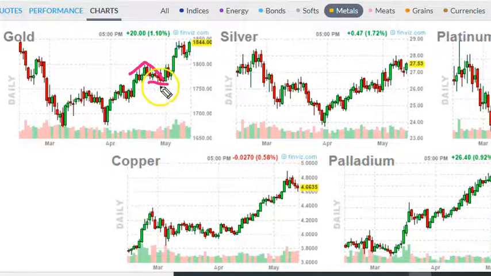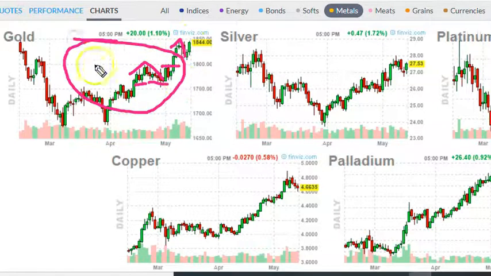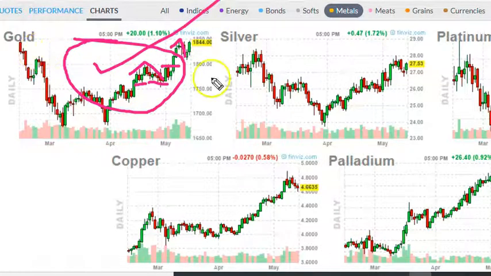It did not make a lower low, so even with this right here. So again, higher high, higher low, and finally broke out higher high again. It's making a higher low, and look at that, a nice big beautiful green candle on the last trading day, showing overall strength in gold.